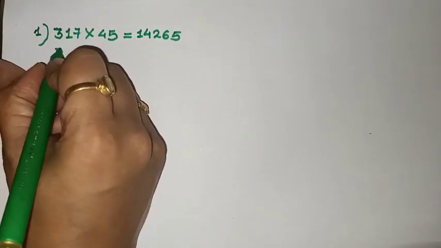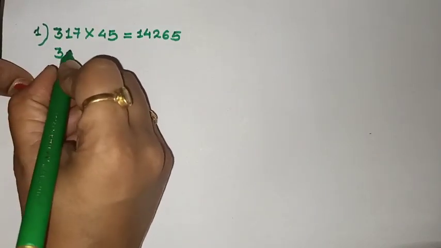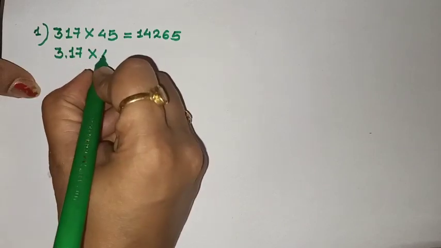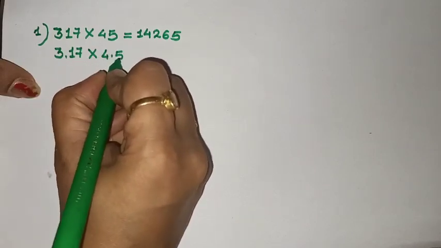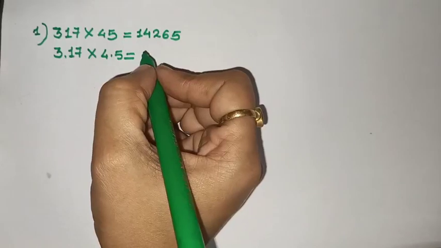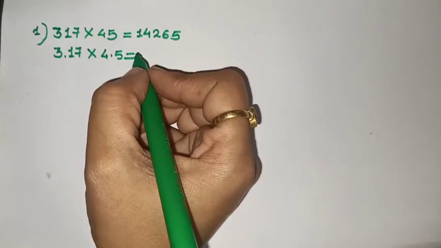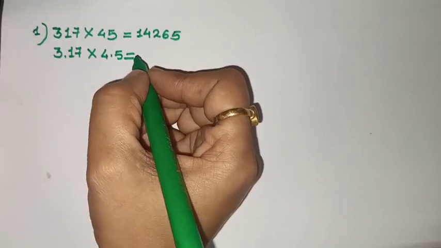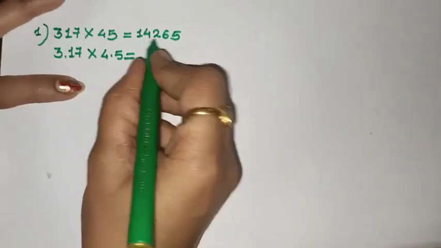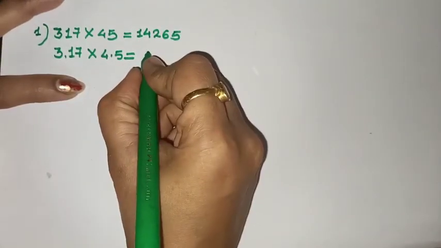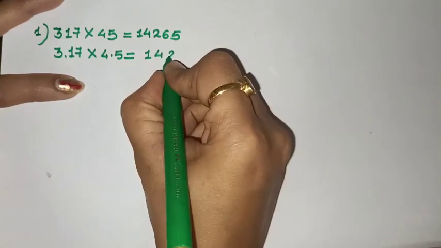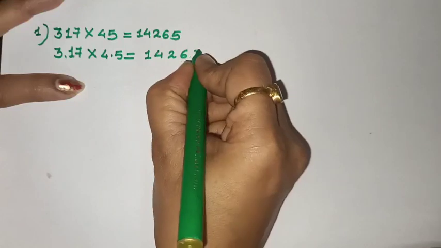Here 3.17 multiplied by 4.5. Children, here the answer will be as it is, means we'll write the digits as they are, that is 1, 4, 2, 6 and 5.